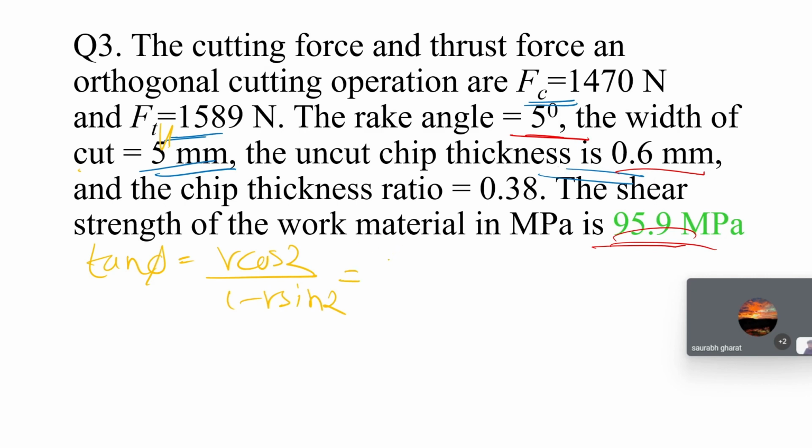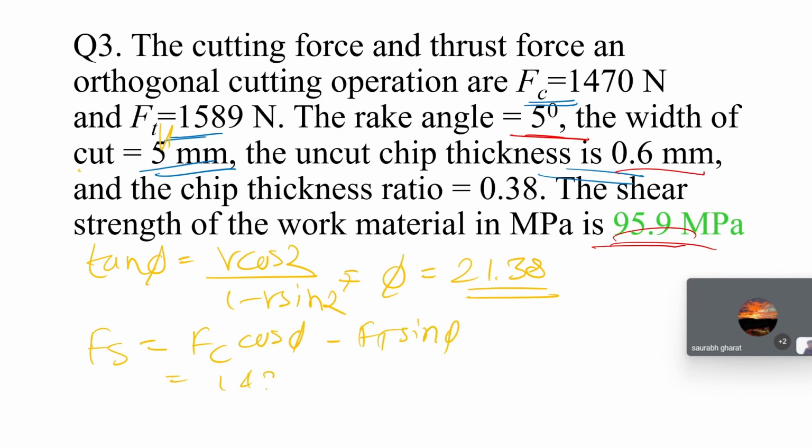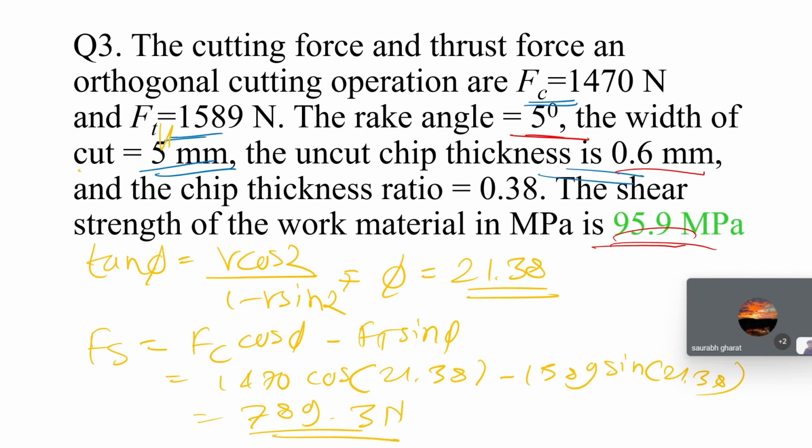From that, phi will be equal to 29.38, as I showed you previously. And then you need to find Fs, which is equal to Fc cos phi minus Ft sin phi, equal to 1470 cos of 29.38 minus 1589 sin of 29.38. So it will be equal to 789.3 Newton. This will be the force.